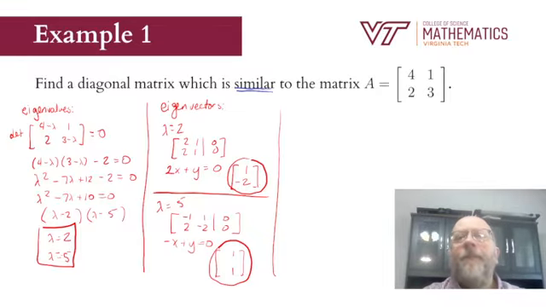All right. So let's call this one B1 for the first basis vector and B2 for the second basis vector. And let's draw a diagram to show what's going on here.